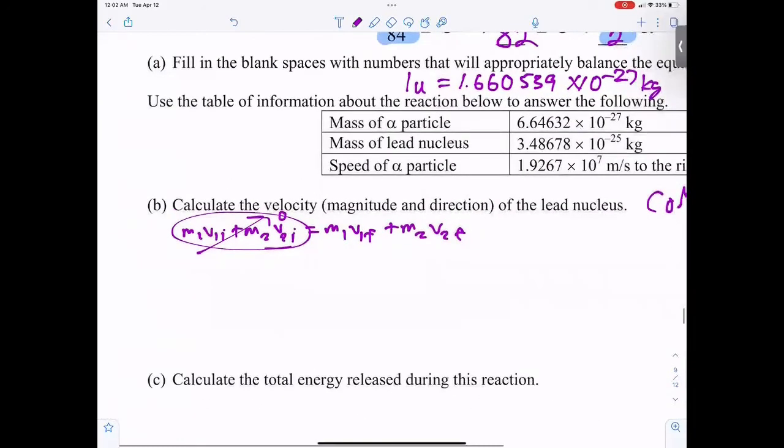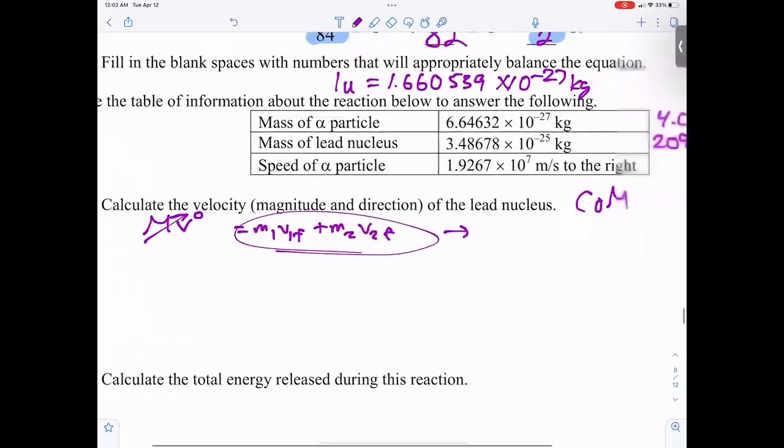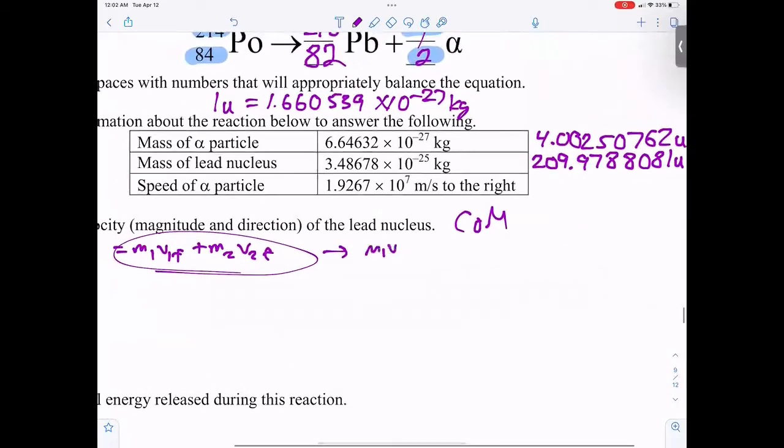That's how I'm going to start this: the big mass of the polonium nucleus times V, the whole thing is at 0, which means the sum of the two momenta have to add up to 0, which means it's equal and opposite final momenta. All right. And that's exactly what we have. M1V1 final is equal and opposite to M2V2 final.